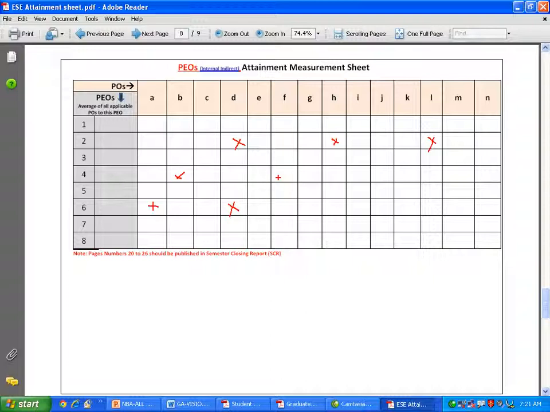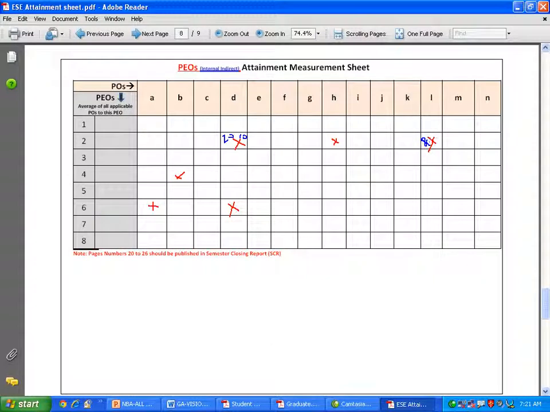Now consider in this case, all these tick marks need not be applicable to my course. My course may contribute only to, assume, D and L. In that case, whatever the attainment of D and L in the previous slide is, say 20%, 10%, the average attainment, I'll copy it here.